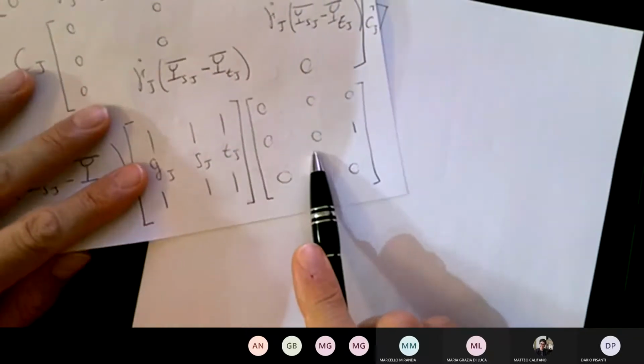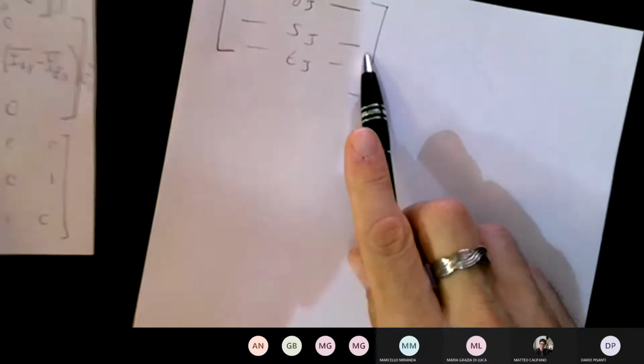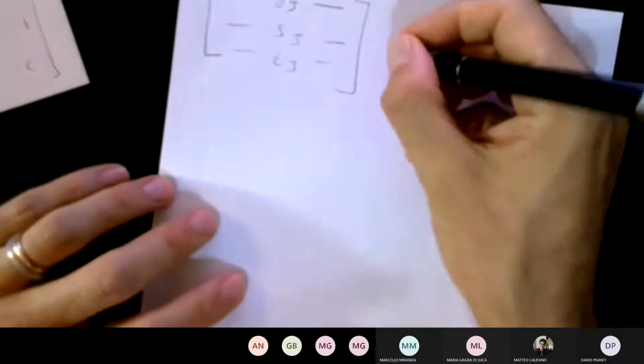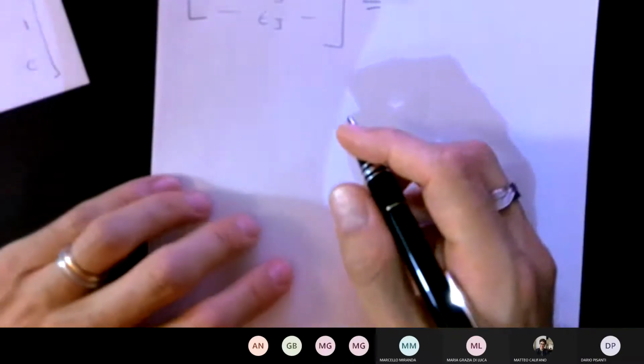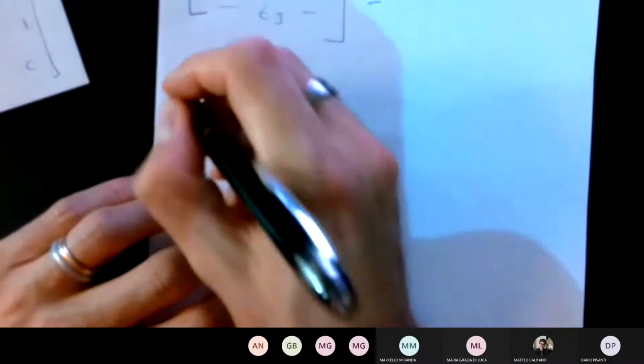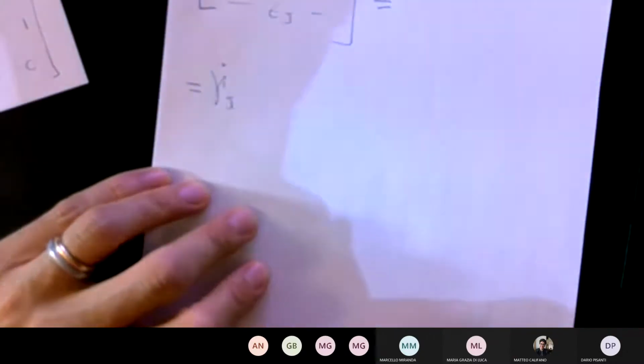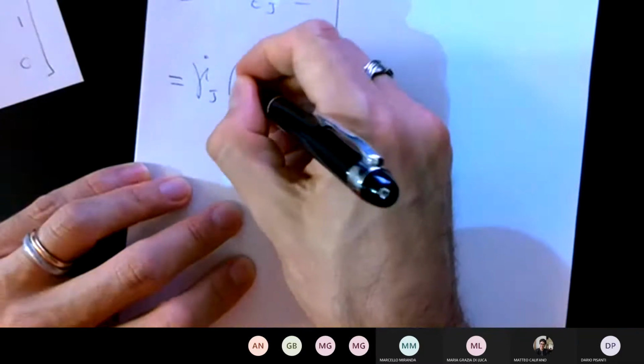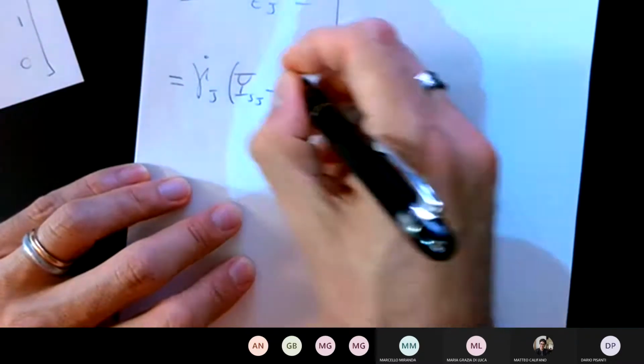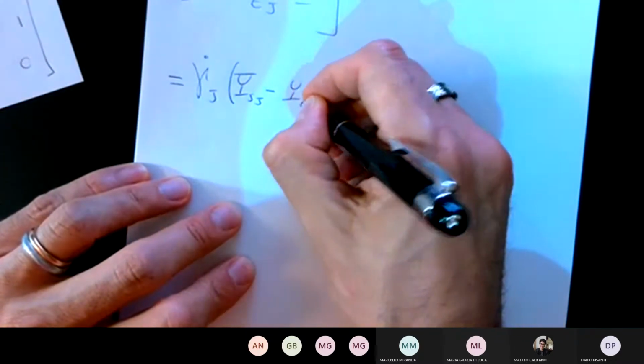All right. So if you multiply this matrix with a bunch of zeros times this one, it removes the first row. So you're left with gamma j dot, moment of inertia about the spin axis minus moment of inertia about the tangential axis.